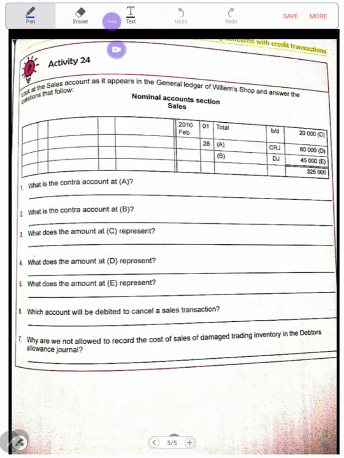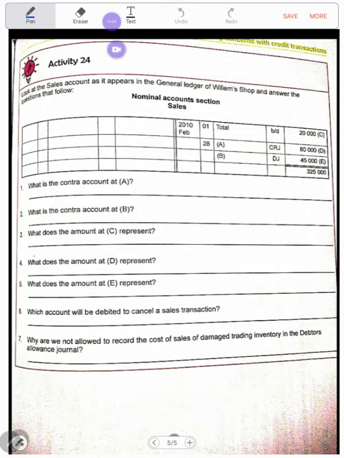And then you have to answer, what are these amounts for? What is the contra account of A? What is the contra account of B? What does the amount at C represent? What does the amount at D represent?